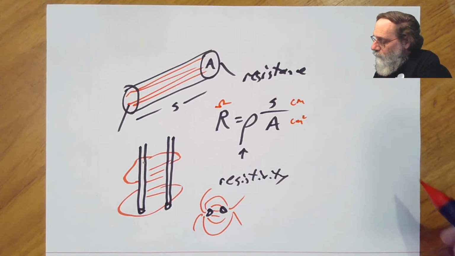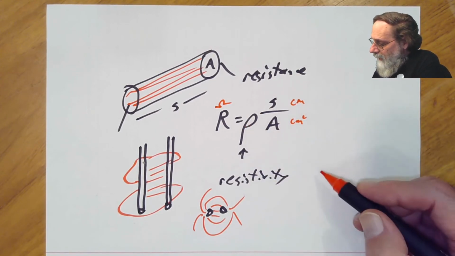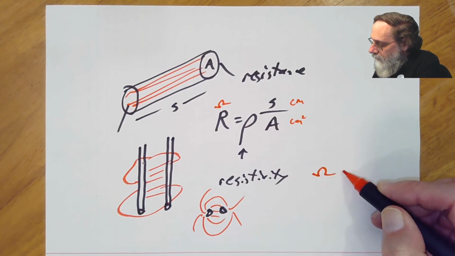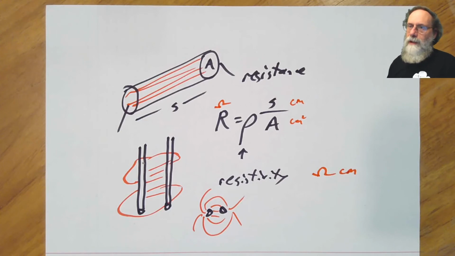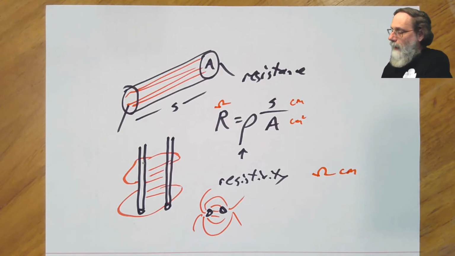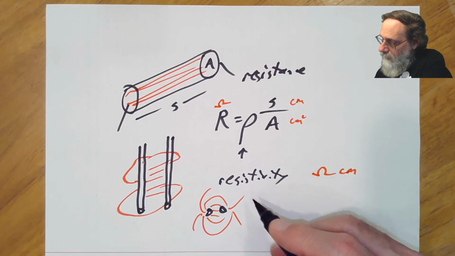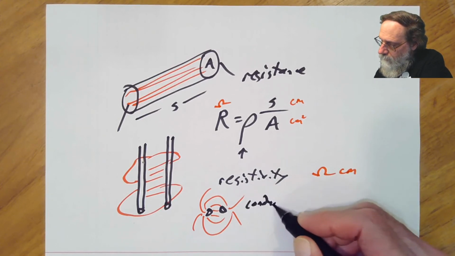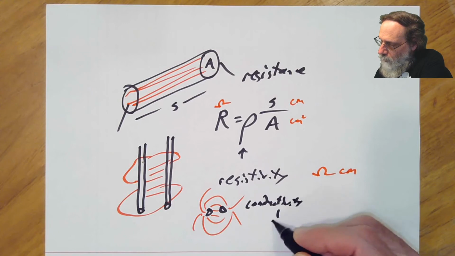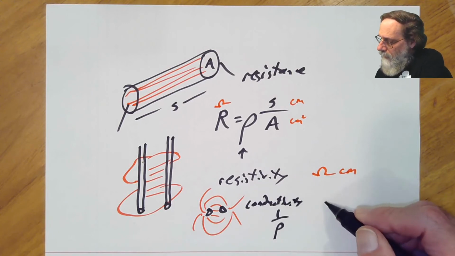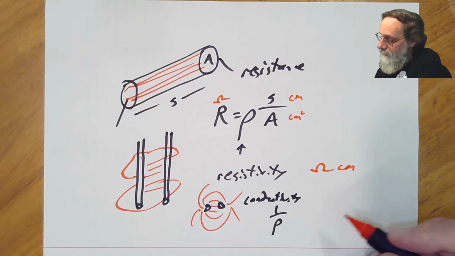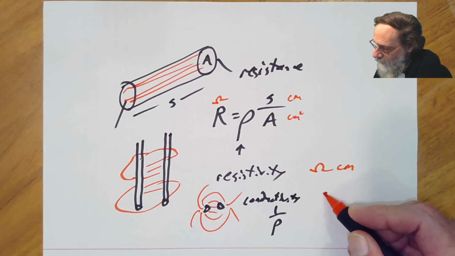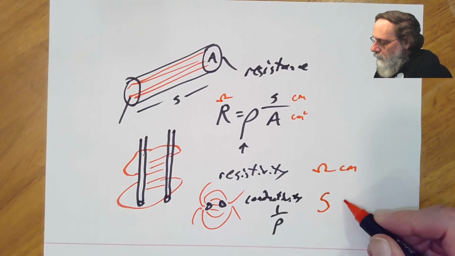So the units for resistivity is in ohm centimeters. It could be another unit, could be ohm meters, but centimeters is most commonly used. And then for conductivity, which is just 1 over rho, the units will be Siemens, which is 1 over ohms, per centimeter.